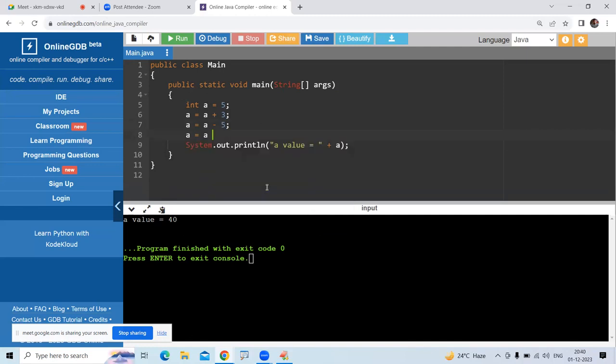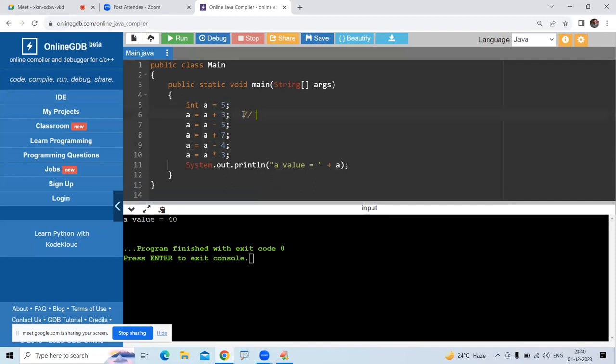A equals to a plus 5 or a plus 7. A equals to a minus 4. All the basic operations I am doing. A equals to a multiplied with 3. Then what is the final a value? A value 5, 5 plus 3.